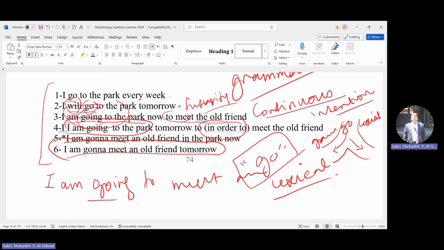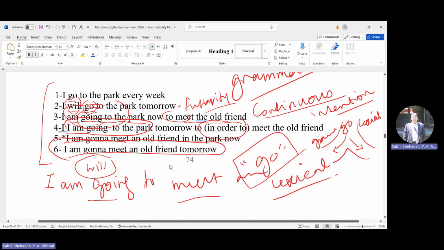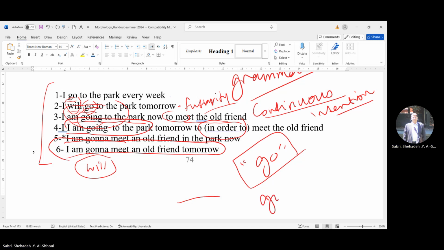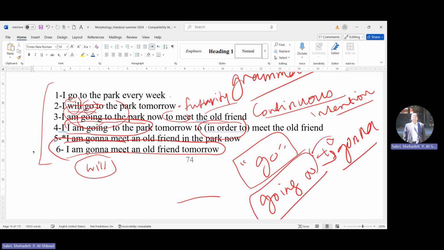So "I am going to" means "I will meet an old friend." Go has shifted to be grammatical, an auxiliary verb, so it can be shortened. We can change it from going to into gonna. This process indicates that going to is an auxiliary verb followed by meet, similar to will followed by meet.